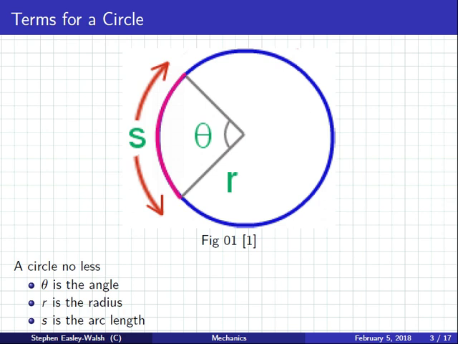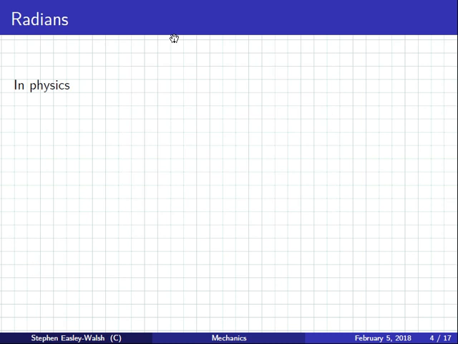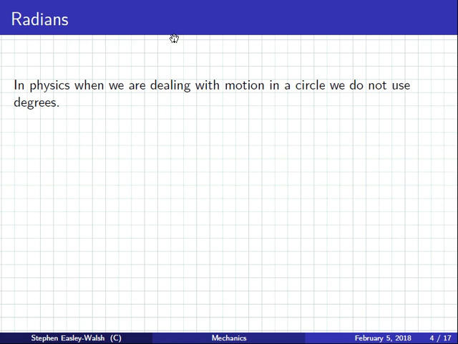Did you write the names down? Yes. Okay, continue? So, in physics, when we look at motion in a circle, we do not use degrees. We use a new unit which we call the radian.